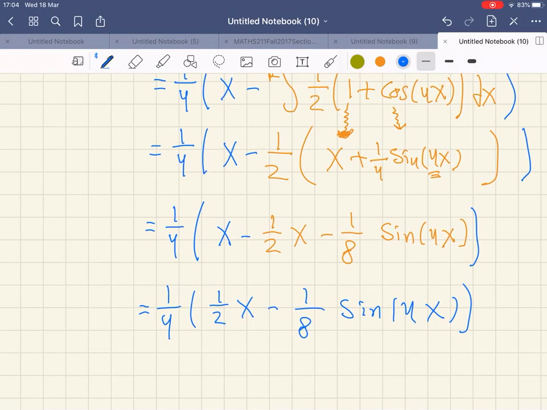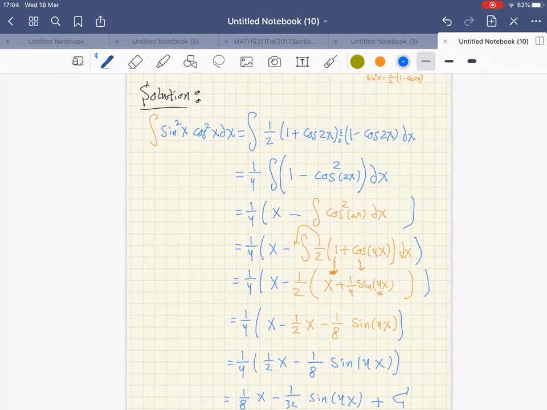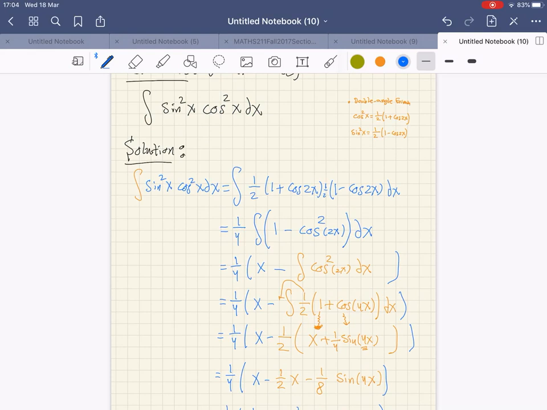And the final answer is 1 over 8 x minus 1 over 32 sine 4x plus a constant. And that's how we do it. So the whole idea is when we have the even power, the even case, we need to use the double angle formula, and then we just solve the question the way we did.